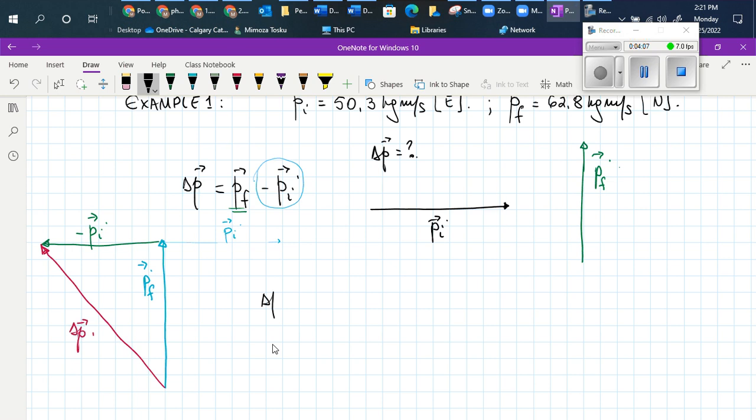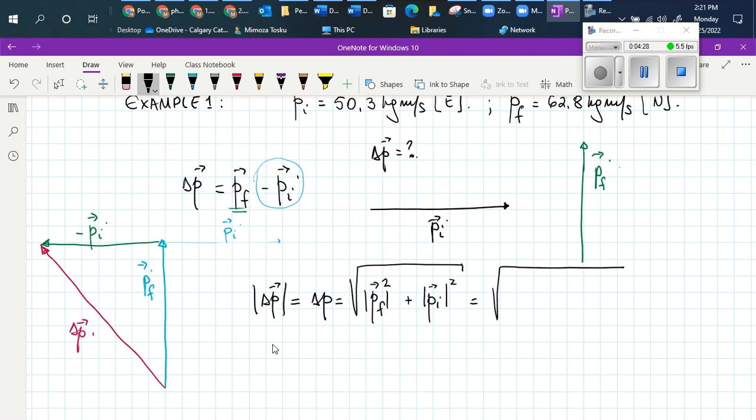So the magnitude of the change of momentum will be the square root of the magnitude of P final squared plus the magnitude of P initial squared, or 62.8 squared plus 50.3 squared, and the whole thing square root.